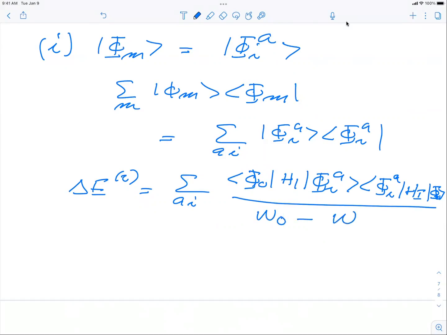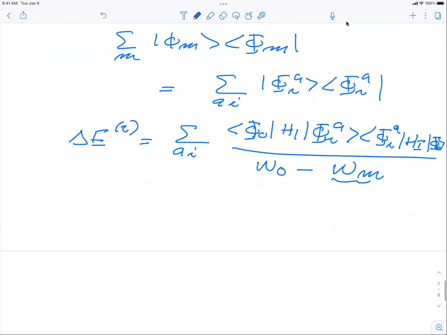And let's take a look at what this term is. So let's take a closer look at that one, because this is going to simplify the denominator. So this term is given by this expectation value here.